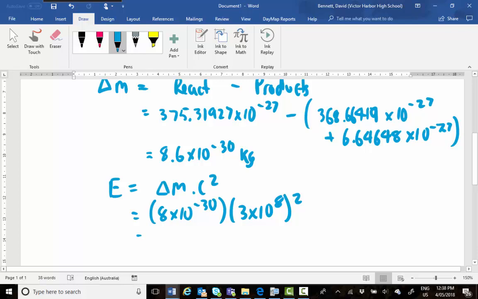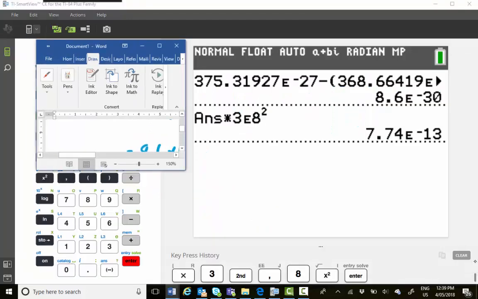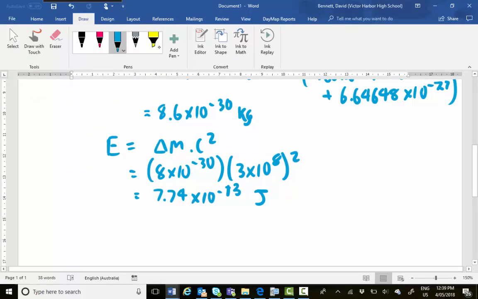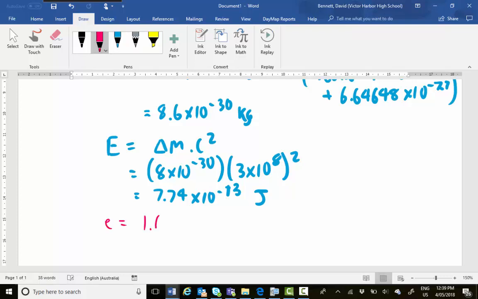So come back to my document. That's equal to 7.74 by 10 to the minus 13 joules. Now we need to convert this into electron volts. The key thing when we're converting to electron volts is we know the charge of an electron is 1.6 by 10 to the minus 19 coulombs.